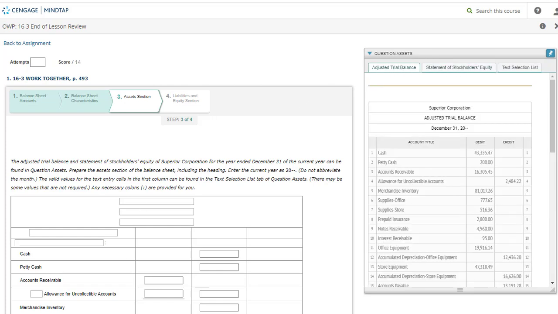And so this first section, again, we're going to do the Superior Corporation balance sheet. And it's December 31st. And so the first section is your assets section. And we're going to start with your current assets.